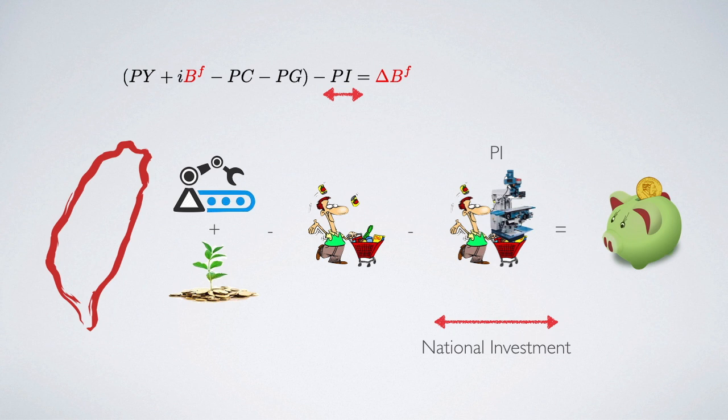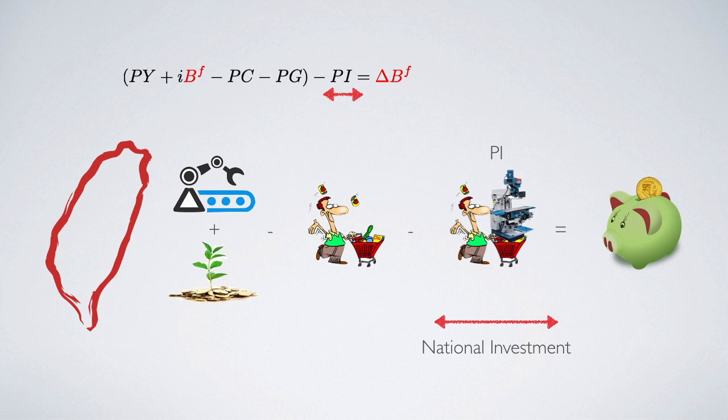If national saving is larger than national investment, it must mean that the current account balance is positive, a surplus. Then it must mean that part of national saving is used for accumulating net international investment position, which means delta BF must be positive. On the other hand, if national saving is less than national investment, then we have a shortage of funds for investment.